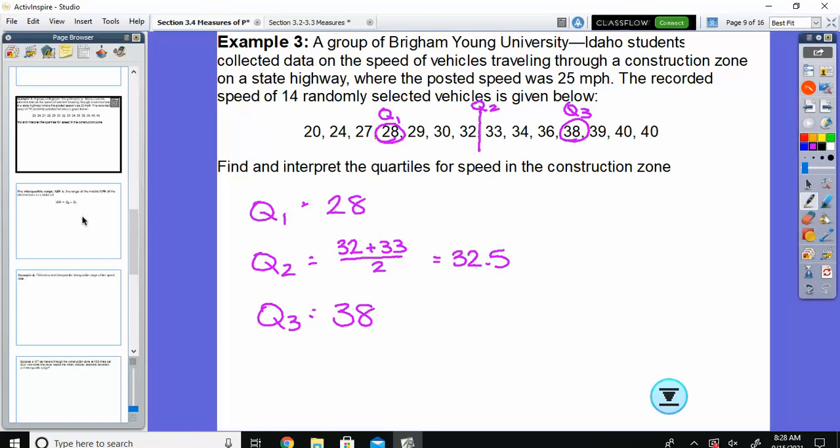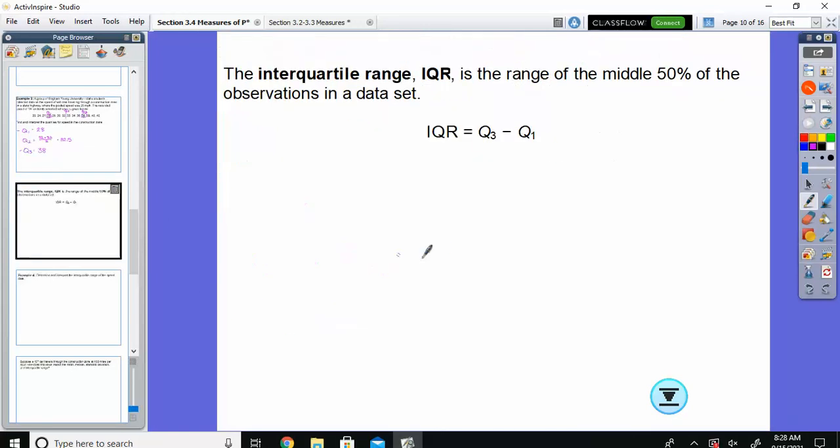One calculation we will be doing a lot is interquartile range. This is on your formula sheet, and it's just how far apart your first and third quartile are. So we call it IQR, and it's quartile 3 minus quartile 1. It's kind of like a range, but just using quartiles. It's a little bit better than just a regular range because it adjusts for outliers.